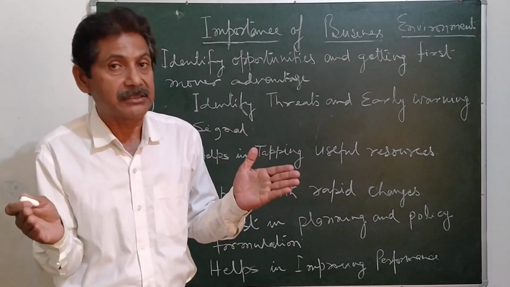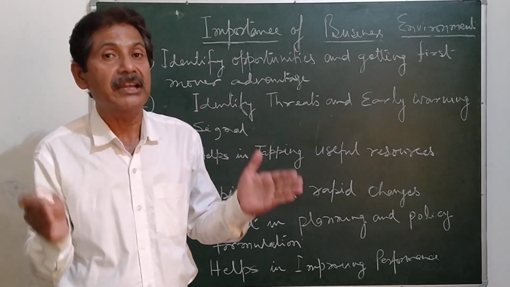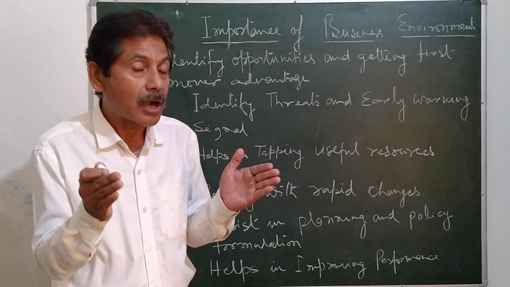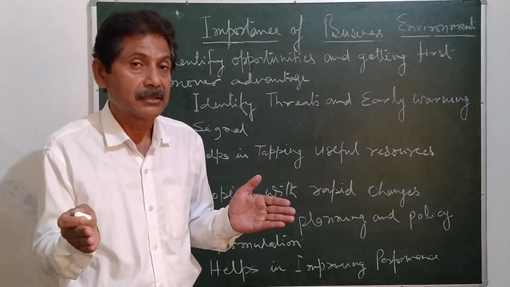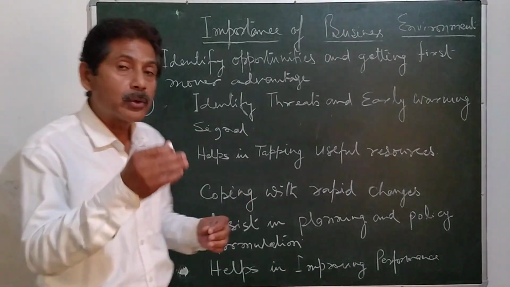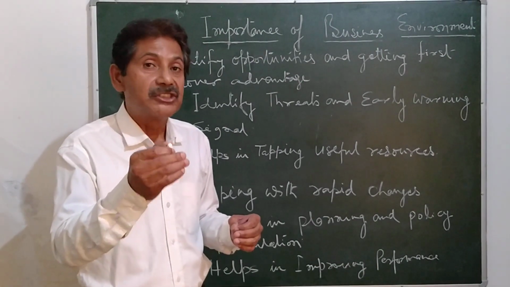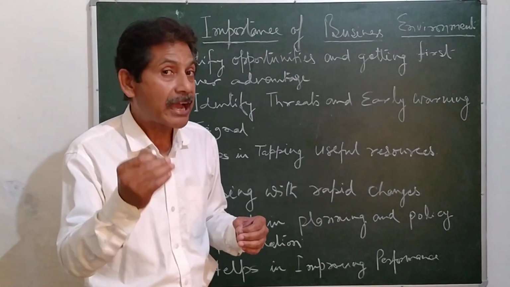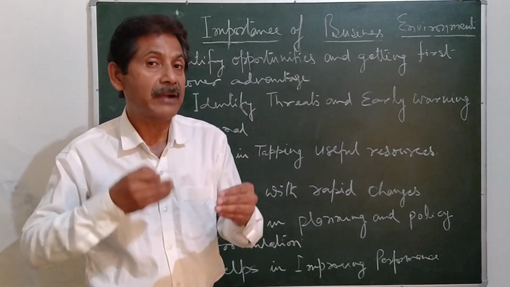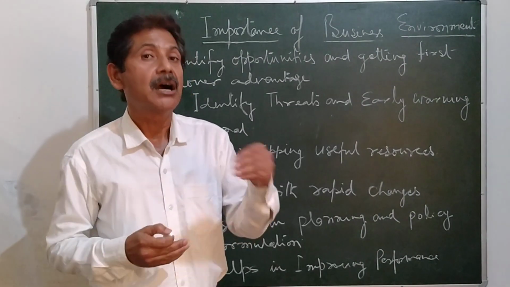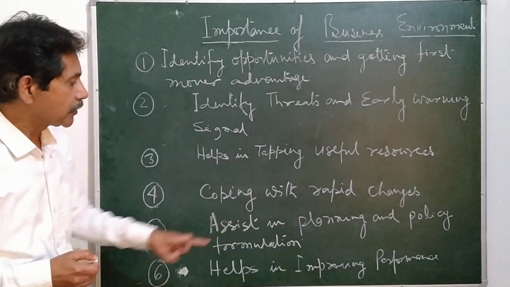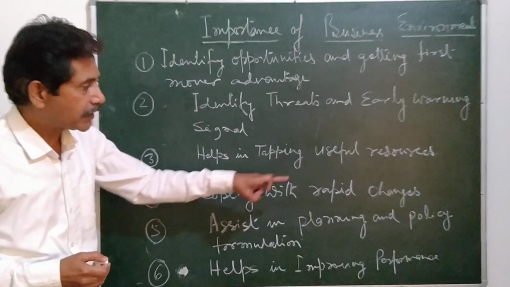There is a rapid change in the market or in the environment, and you will have to identify how, or with what speed, the change is happening, and accordingly you have to cope. Means to every single change you will have to identify, and accordingly you will have to change. You will have to adjust according to the changes. So business environment helps in coping with rapid changes.